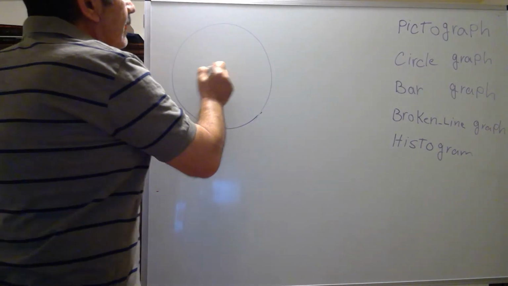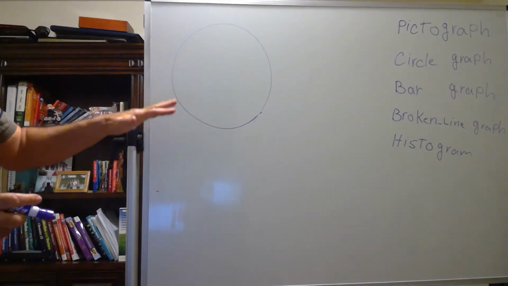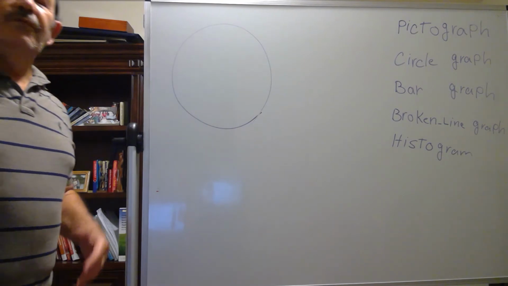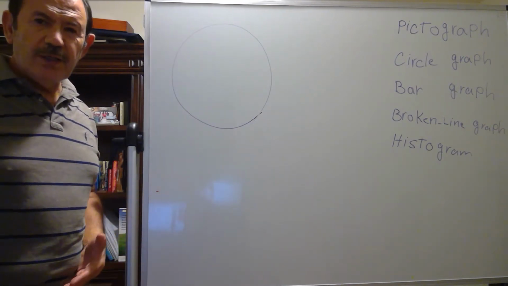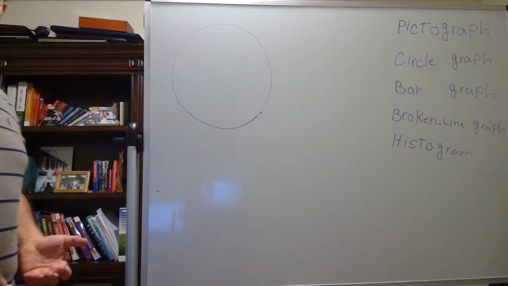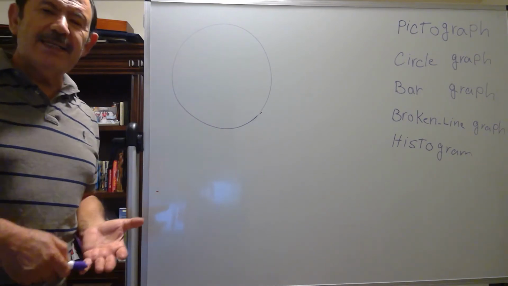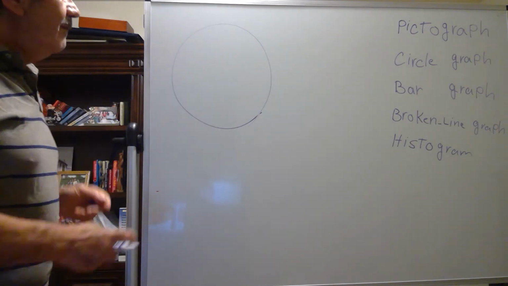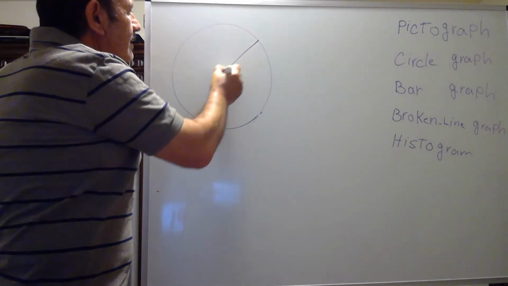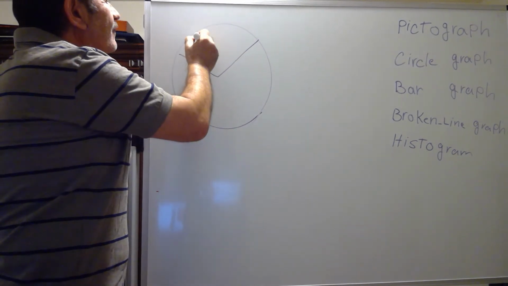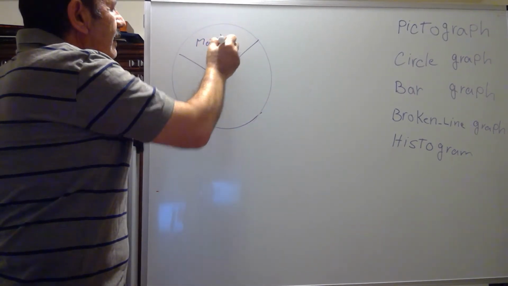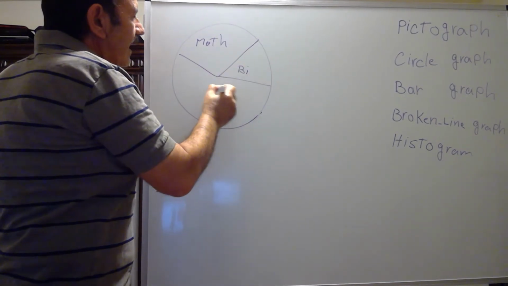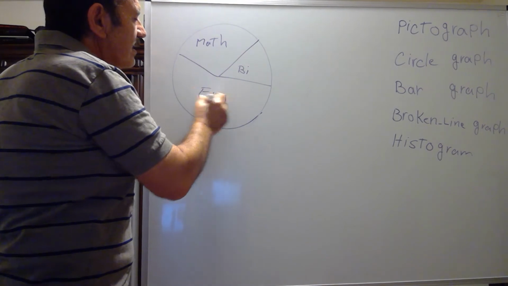Now, let's say in this circle we are showing the number of students in math class, in biology class, and in English class. So we can say this part is for math, this part is for biology, and this part is for English.